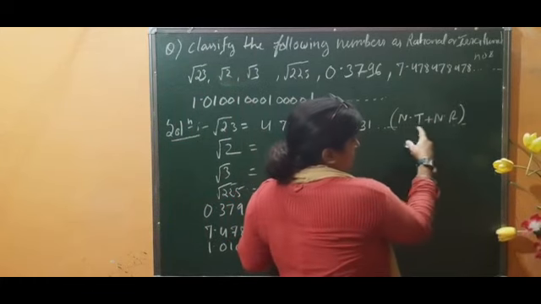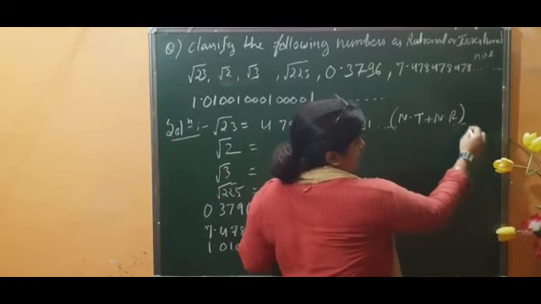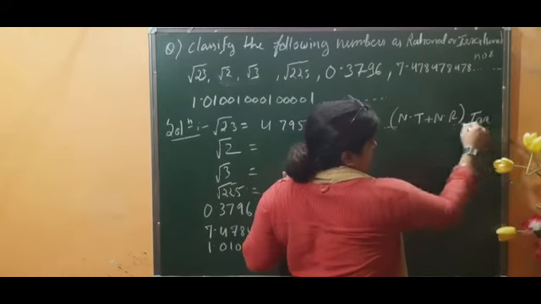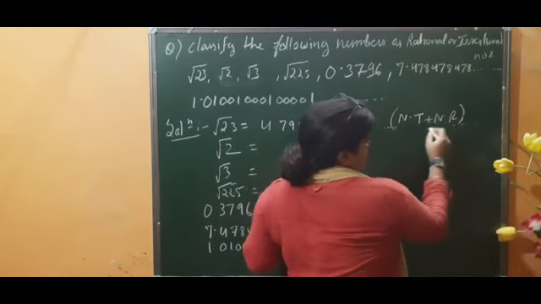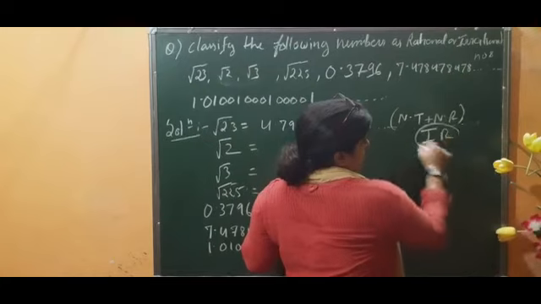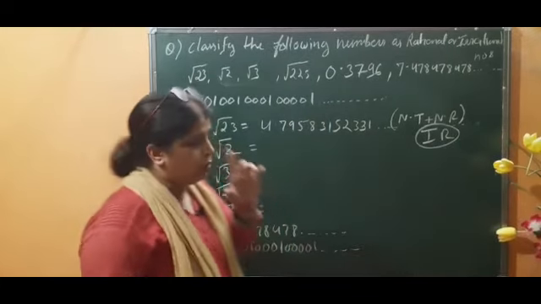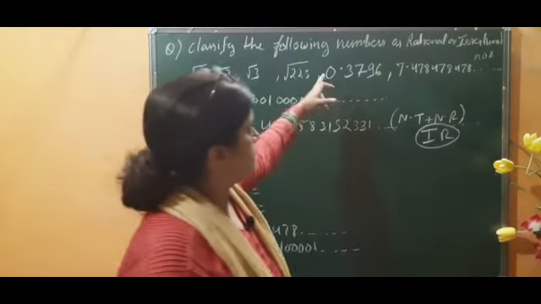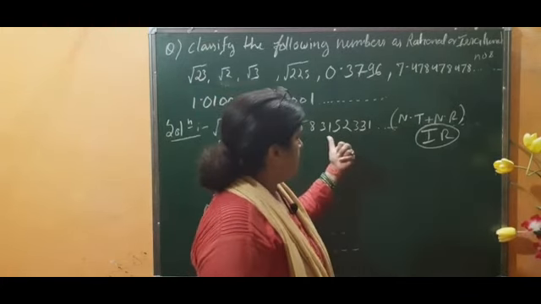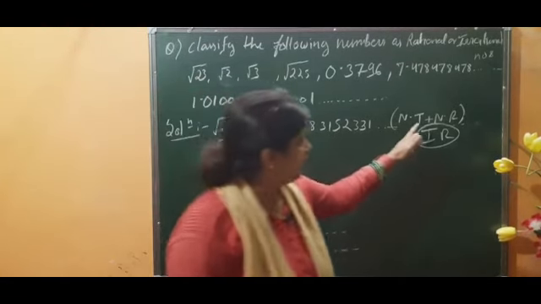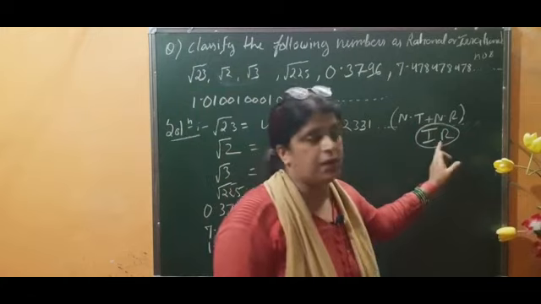So if it is non-terminating plus non-recurring, it means it is an irrational number. You got it? As I told you just before this question, if any decimal number is non-terminating and non-recurring, then it must be an irrational number.